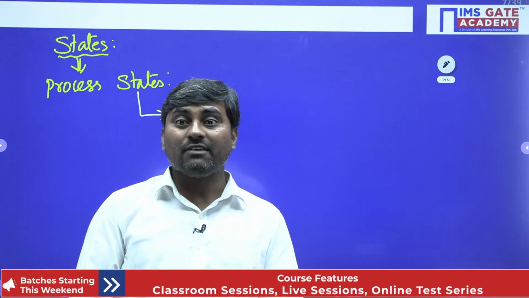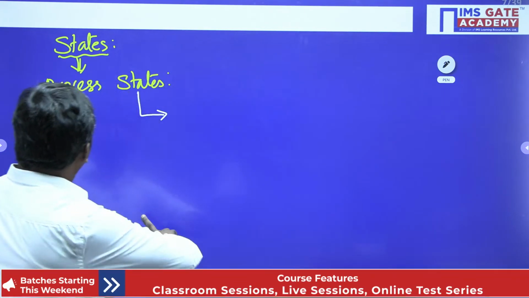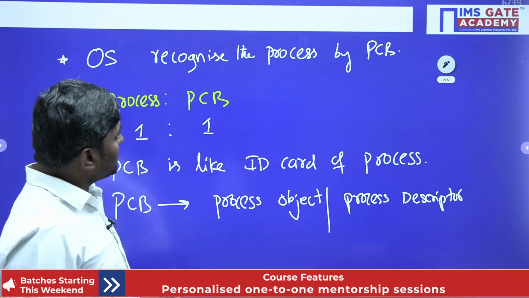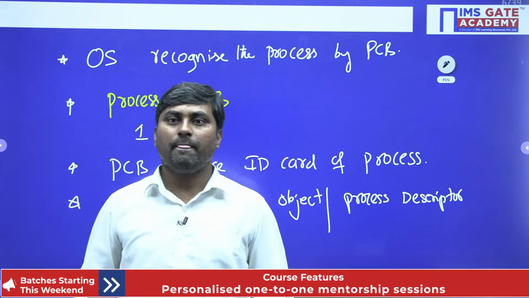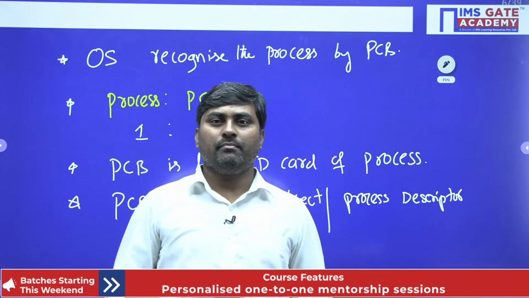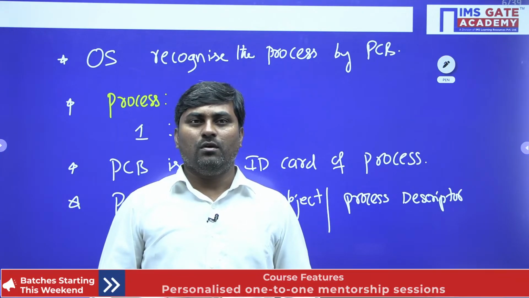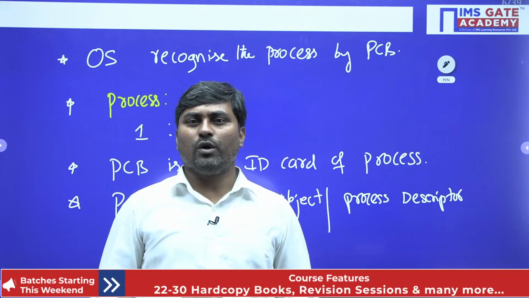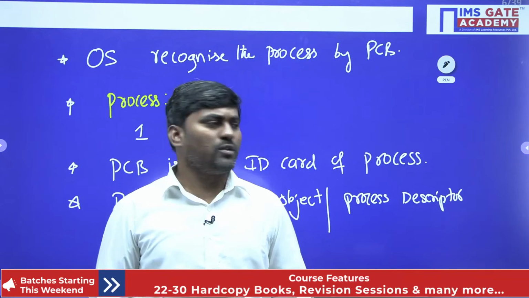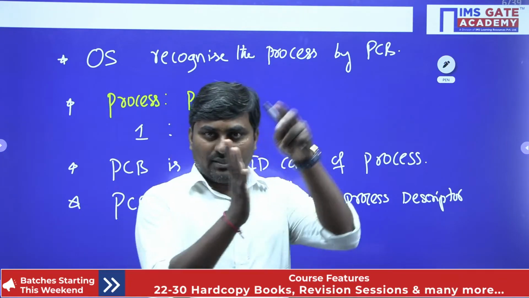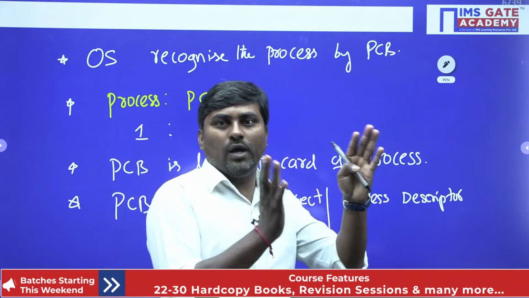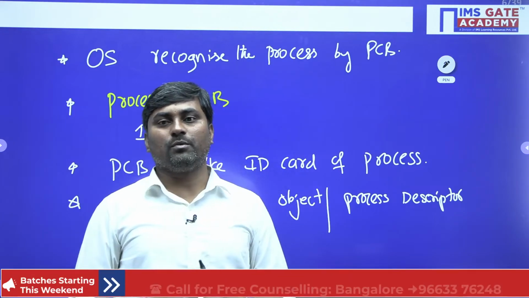What is the address of a PCB? Where have I written the address of a PCB? I did not understand. So you are asking where the PCB is loaded? The PCB is loaded in the kernel part of the OS only. See, memory has two parts, the user area and the OS area. In the OS area, the PCB will be there.